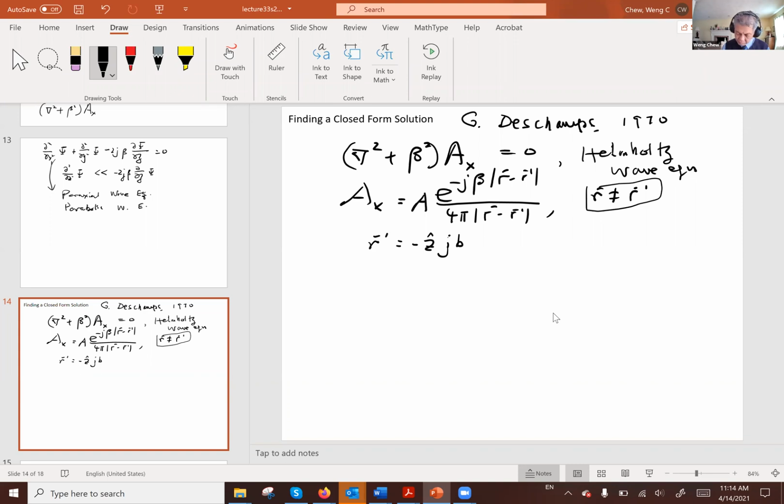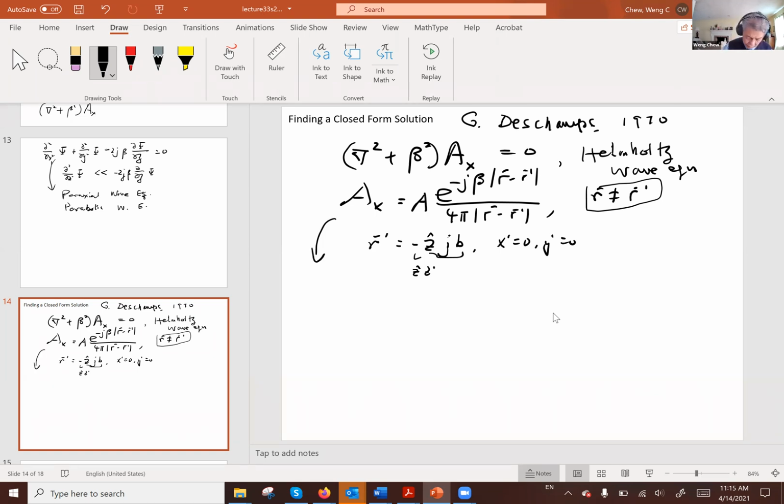Okay, so if you put r prime to be such that this is z prime, and then x prime is equal to 0, y prime is equal to 0, you have put the point source in complex space, and yet it would still be a solution to the Helmholtz wave equation. Okay, so now I'm going to make a paraxial approximation to this expression.